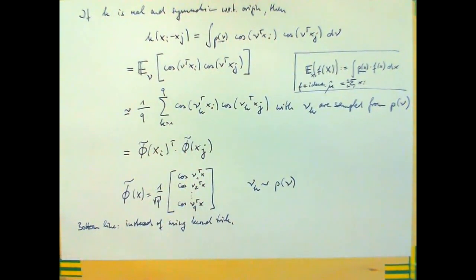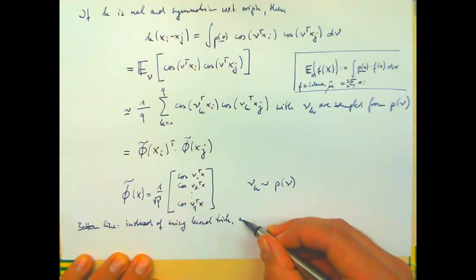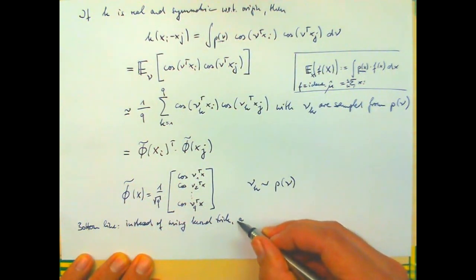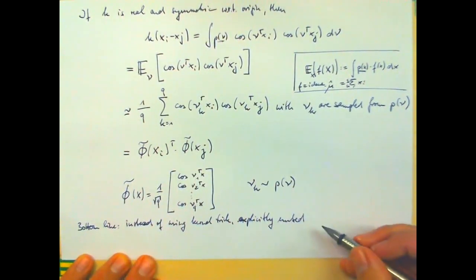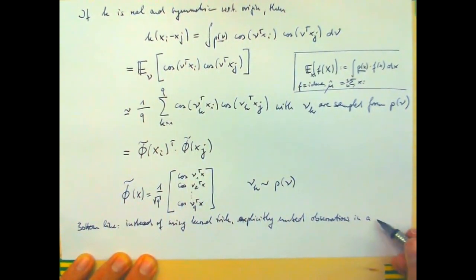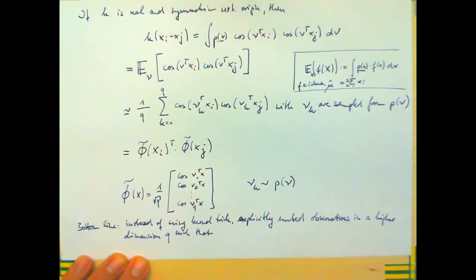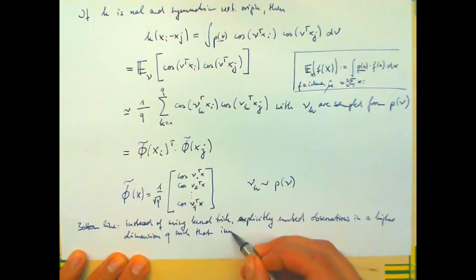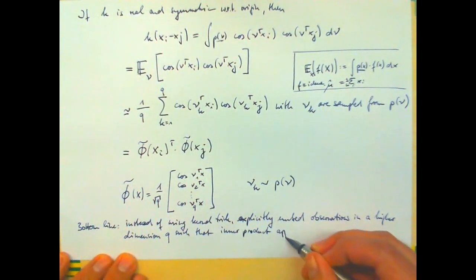We can explicitly embed the observations in a higher dimension Q such that the inner product between observations that have been embedded in this fashion approximates the exact kernel function.